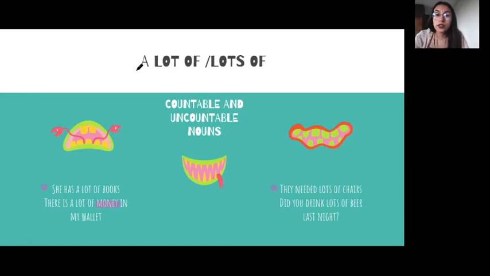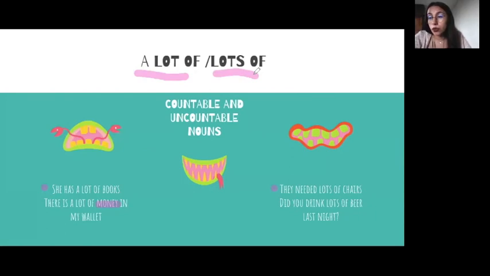So what's the difference between a lot of and lots of? It is the same thing. It has the same translation, the same meaning. Tienen el mismo significado. The only difference is that lots of is a little bit less formal.